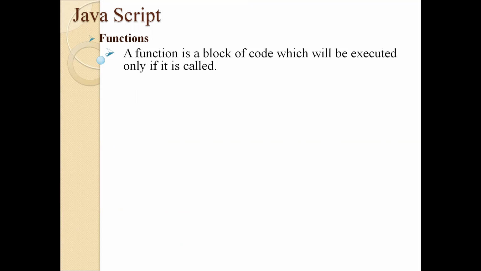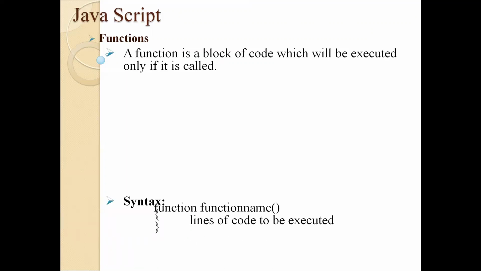In all languages, the definition of a function is the same: a function has a name and some parameters depending on our need, and we can execute it by calling it. The procedure of writing and executing a function depends on the language. JavaScript also supports functions, where the function contains a block of code which will be executed when we call that function. Without calling it, that block of code will never get executed.